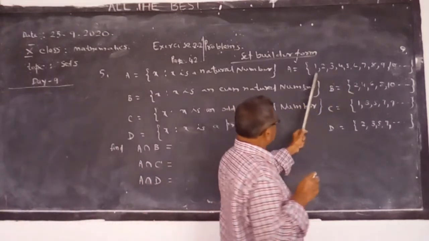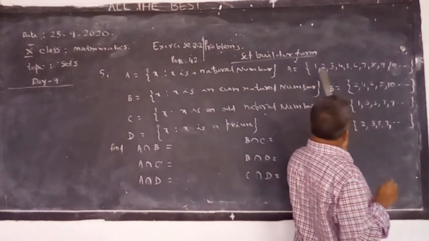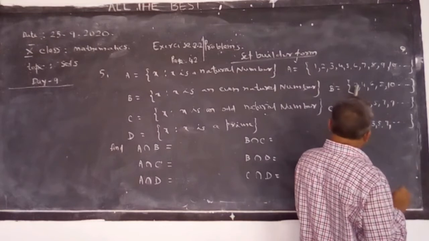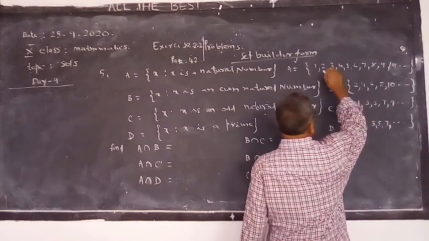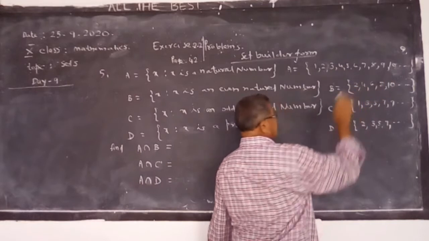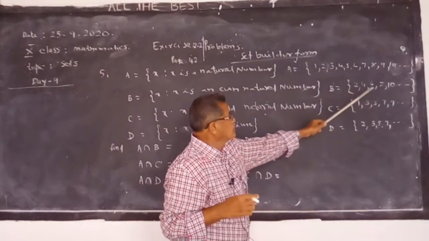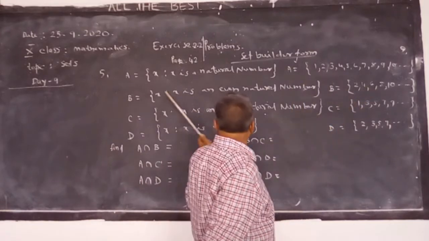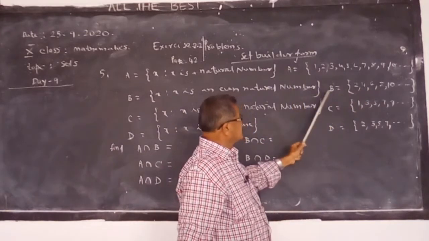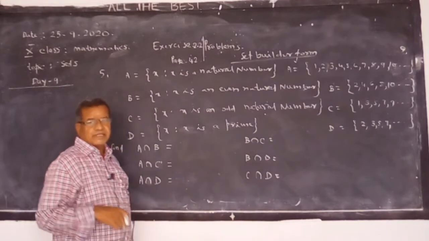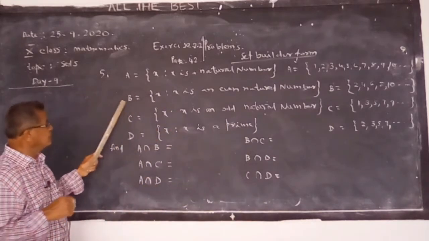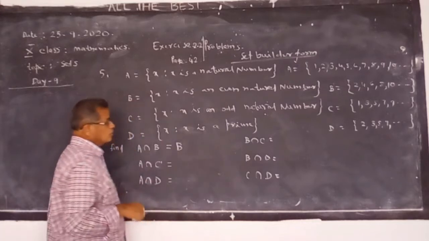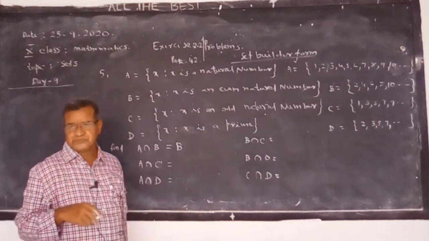There are only even numbers in B, so the common elements are even numbers. Even numbers are represented by the set named B. So you simply write B here, and you need not write all the elements.